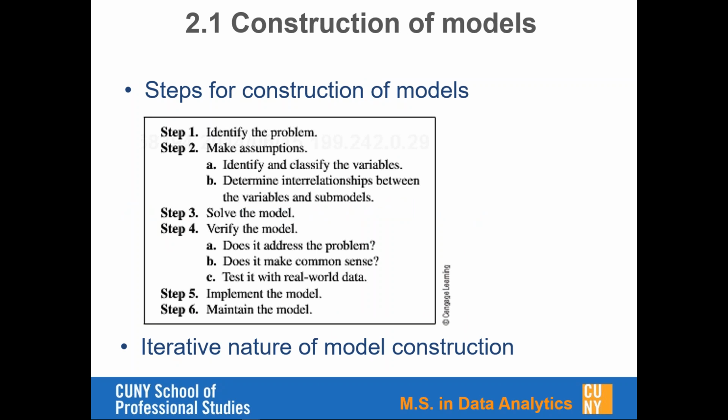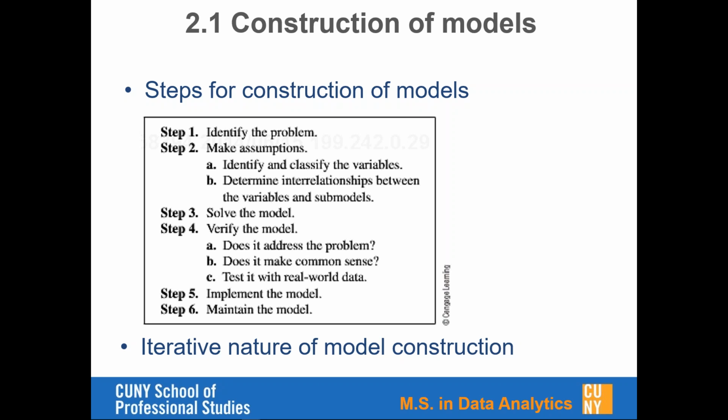And then here, these steps shouldn't be very hard for you, in the sense that you start with trying to identify the problem, you make assumptions, identify and classify the variables, determine interrelationships between the variables and submodels, and then solve the model, verify the model, and then the question becomes, does it address the problem?